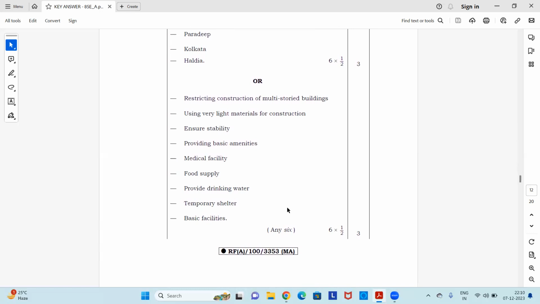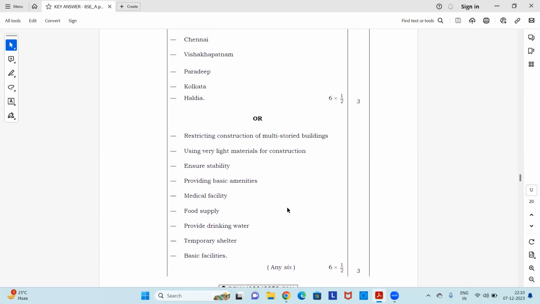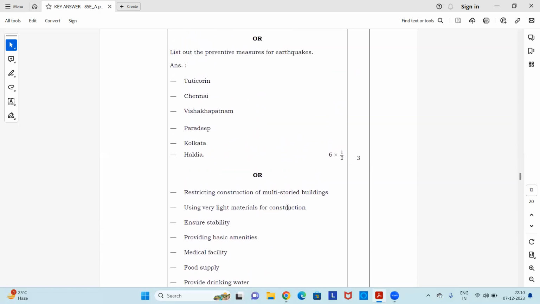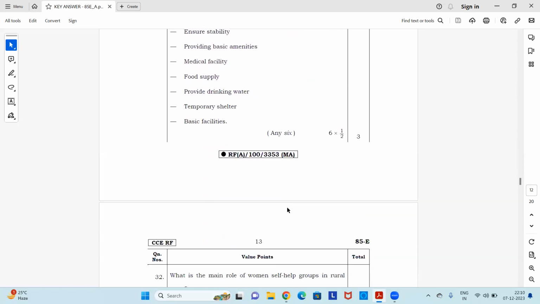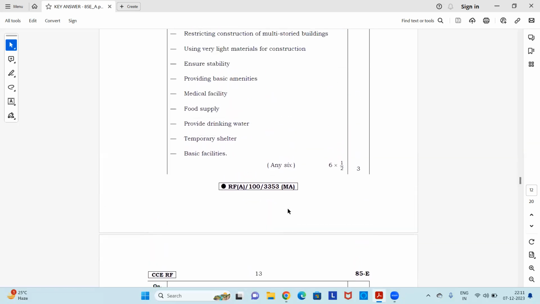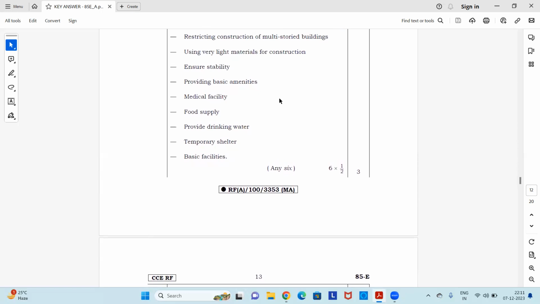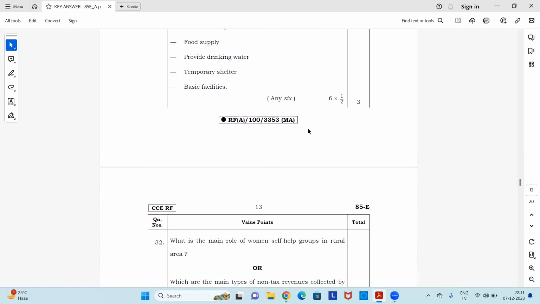This is how you can take preventive measures for earthquakes when one is occurring. First of all, you have to try to be friendly to nature so that it doesn't occur, and if it occurs, you should be ready with all these things so that it is easy to handle the case. These are the few points which will give you a good answer.